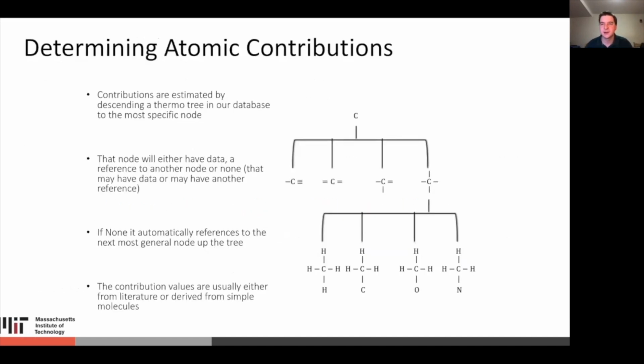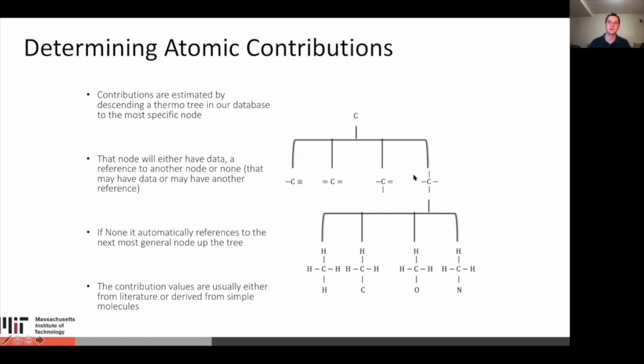So in order to determine these contributions, we estimate them by descending a thermotree in our database to the most specific node, where we start with some less specific description of the atom, such as just a carbon atom, and descend to more and more specific representations.